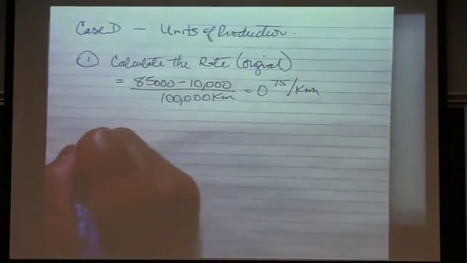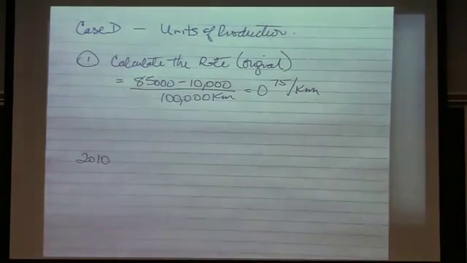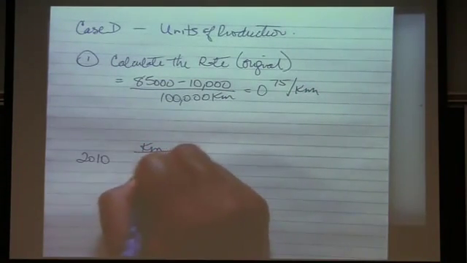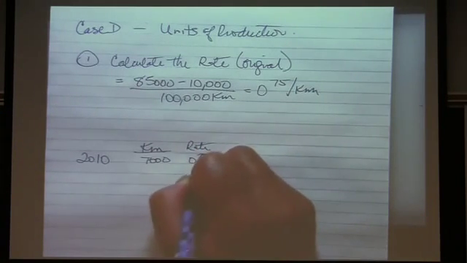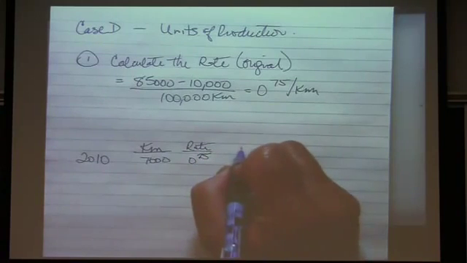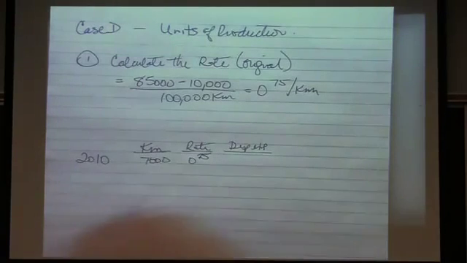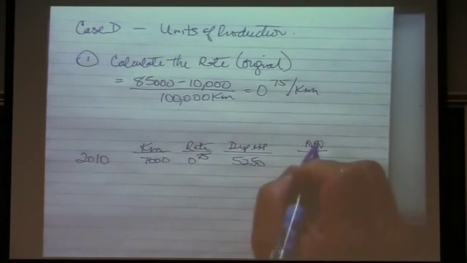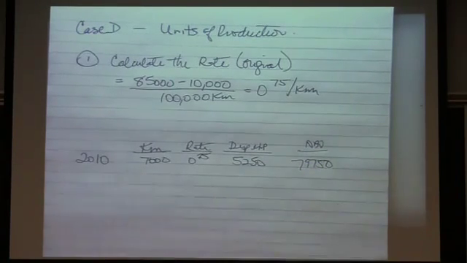So for 2010, the amortization or the expense is, we've got kilometers of 7,000 here, and the rate of 75 cents. So the total depreciation expense is going to be the multiplication of those two, which is 5,250, and net book value is going to be 85 less 5,250, which is 79,750.